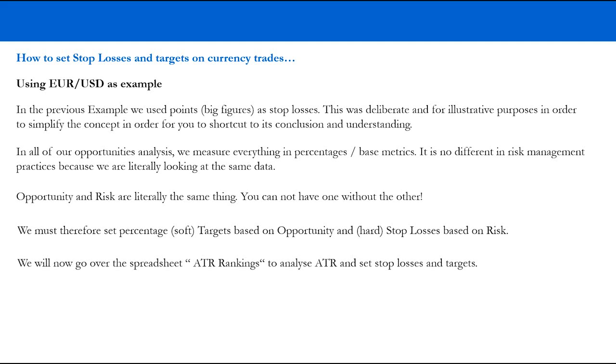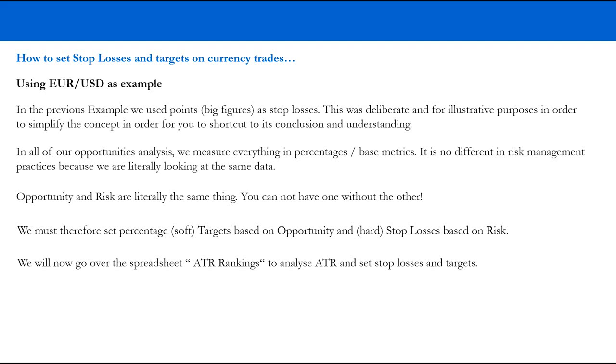You just can't have one without the other. So we need to take a very common sense approach using our risk management principles. So we set percentage soft targets based on opportunity and hard stop losses based on risk.